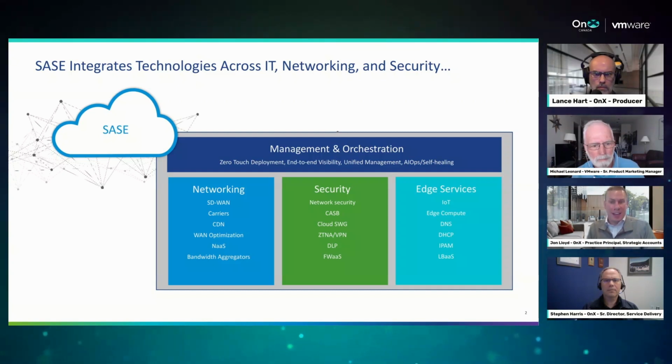Security is an aspect, right? It's the secure part of a secure access service edge. But I think to Michael's point, it's really about the applications, and it's about connecting users to those applications and moving the access edge out of my data center and out of my branches. And so I think that's a key point we're going to talk through today.